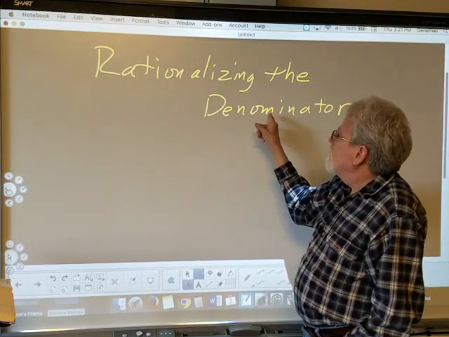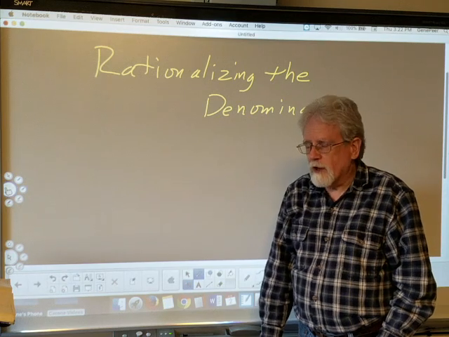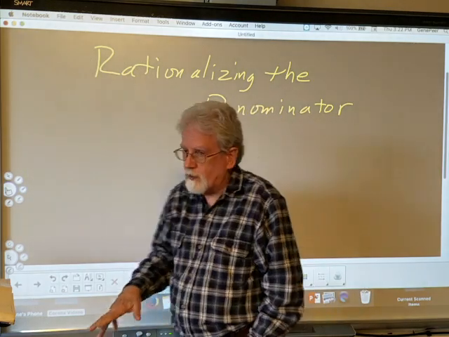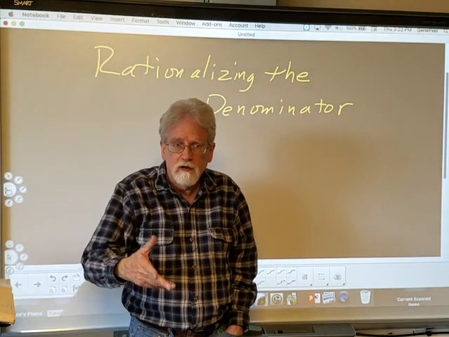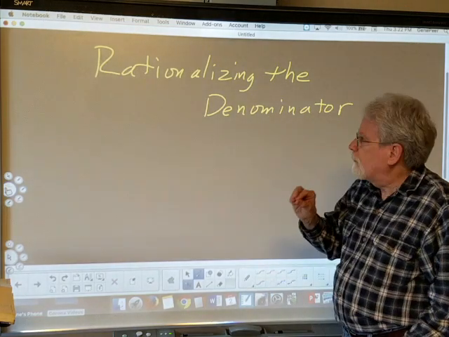To make the denominator rational, if it's not already rational. A quick review here. Since I know that we have the potential for outside visitors, let me just review a couple quick concepts here. Try to go through this quickly.